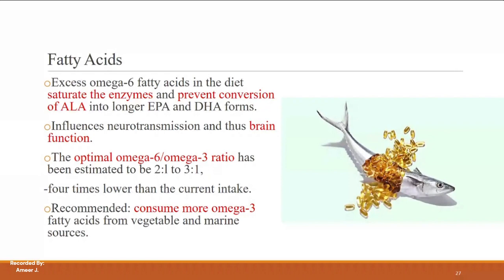The optimal omega-6 to omega-3 ratio has been estimated to be 2:1 or 3:1, which is 4 times lower than the current intake, and it is recommended to consume more omega-3 fatty acids from vegetable and marine sources.